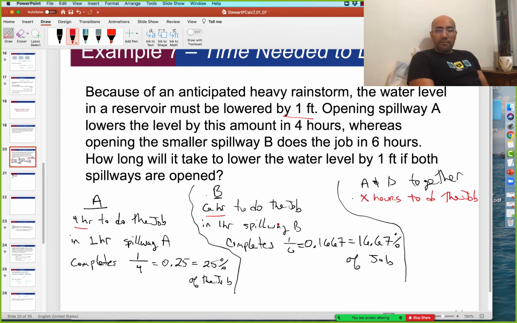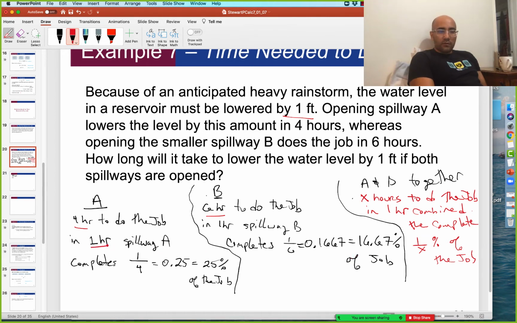But I do know that if we follow the same pattern, if it takes X hours to do the job together, then in 1 hour, combined, they complete 1 over X of the job. Now these are all in 1 unit of time.